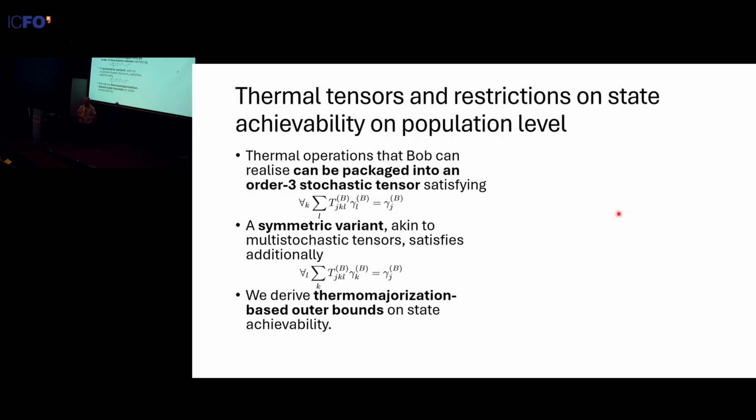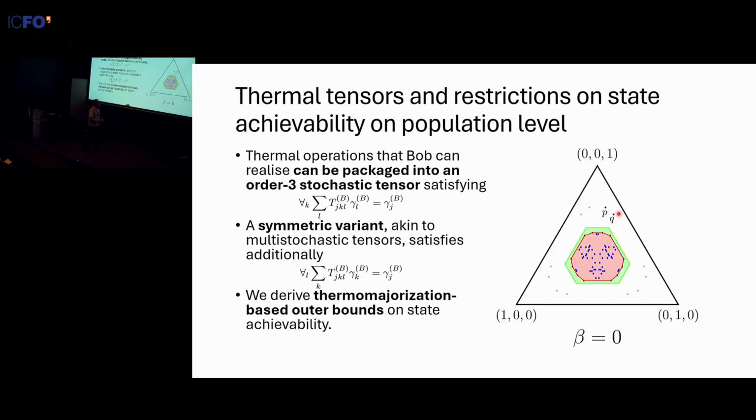And now again, thinking purely in terms of pictorial descriptions rather than complicated expressions, we have the input states P and Q on Alice and Bob's side, respectively. The achievable states are described as the convex hull of the images of extreme operations that are available to us, while the outer bounds are just slightly larger than the actual achievable set of population.